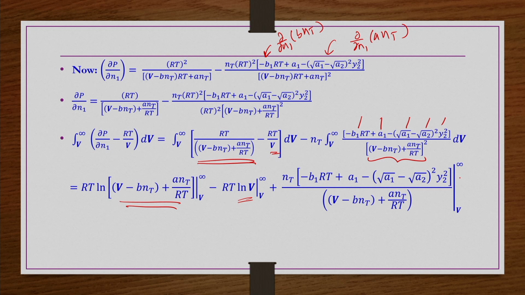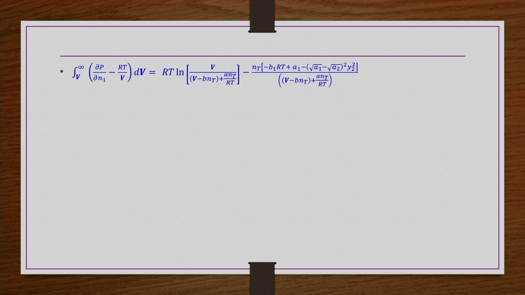So, numerator is as it is, and the denominator has a square term. So, minus 1 by whatever this v minus b Nt plus a Nt RT, that we will be getting by integrating it. So, limits v to infinity we can substitute for all these three terms. When we substitute these limits, we will have this particular form. Okay.